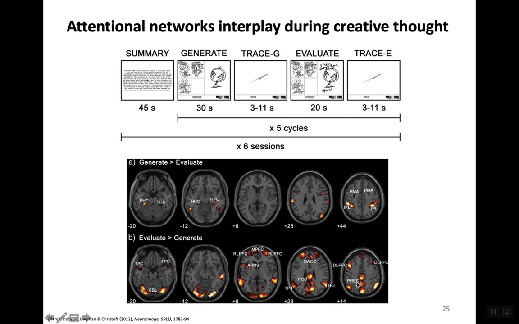So a whole lot of regions come into play, and it doesn't really matter their precise identity at this stage. What matters is the fact that surprisingly, it seems that at least in this context, both the attentional network and the default network are recruited in the process of evaluation. And this might seem surprising at first, but it might also be the key to understanding creativity.